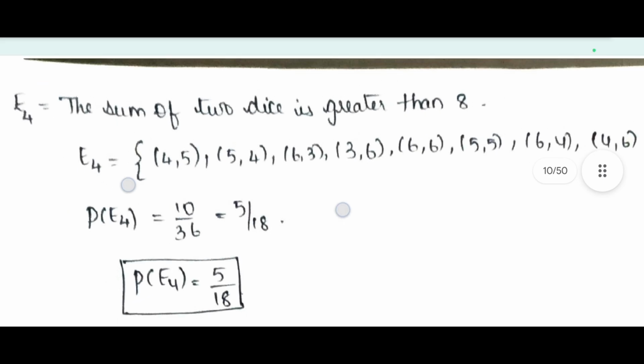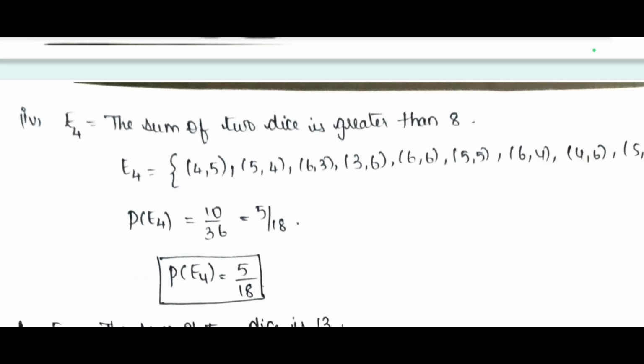Next, coming to the fourth event, the sum of two dice is greater than 8. Greater than 8 means you may get 9, 10, 11, 12.